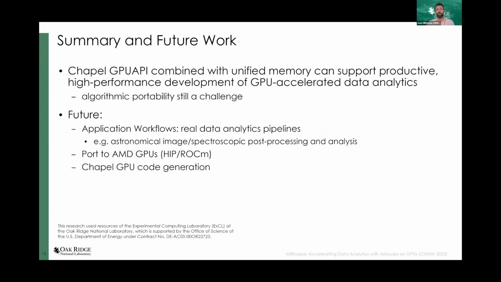In future, we'd like to start working these operations into some real data analytics workflows. We're looking at things like astronomical image post-processing and analysis. We'd like to port to the AMD GPUs so we can get some figures running on the Frontier system. And of course, we would like to revisit the use of Chapel GPU code generation, which, as you'll hear, I think pretty soon is progressing really rapidly. Okay, I'll wrap up there.